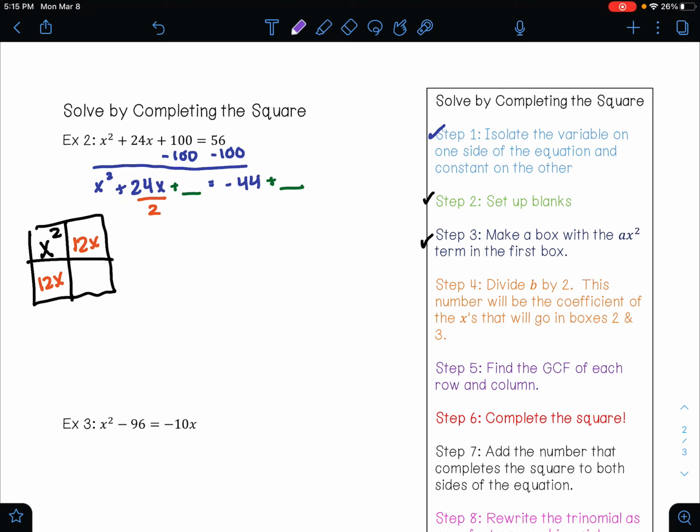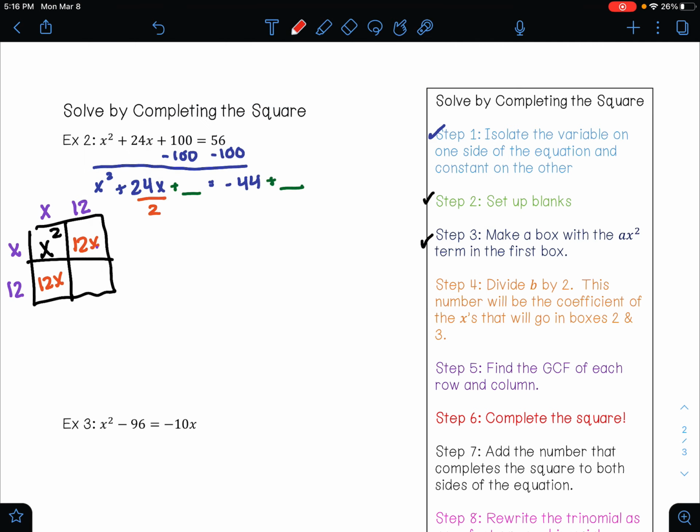The greatest common factor between x squared and 12x is x. x times 12 would give me a 12x here, and x times 12 would give me a 12x here.